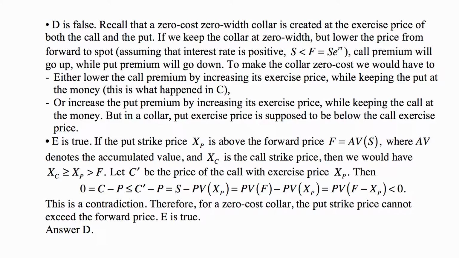And that's a contradiction because the left-hand side is 0. Therefore, for a zero-cost collar, the put strike price cannot exceed the forward price. So E is true, and the answer choice is D.